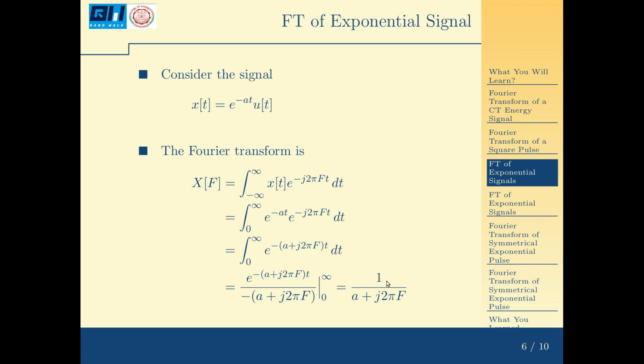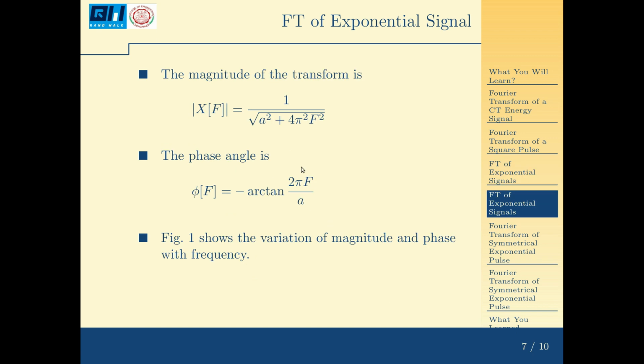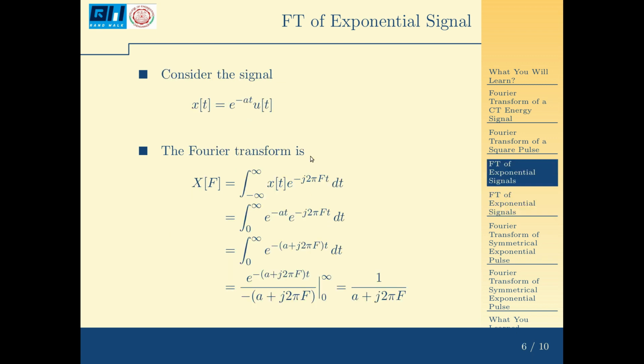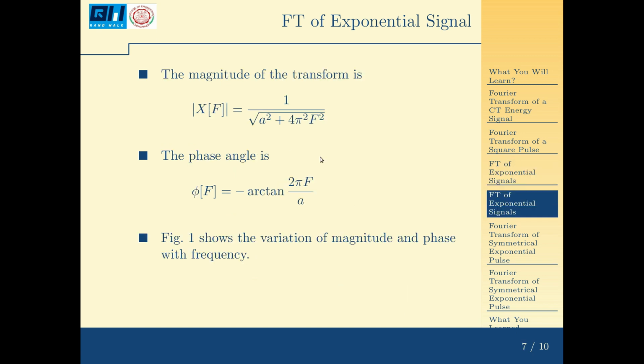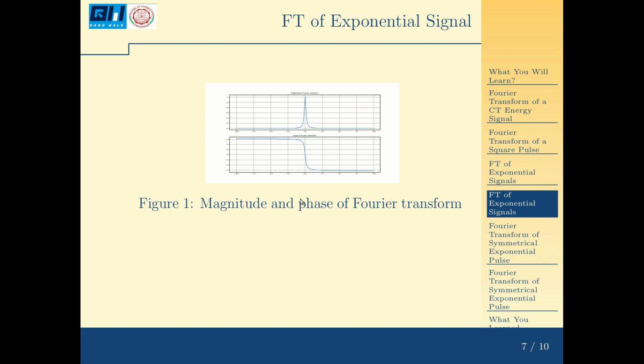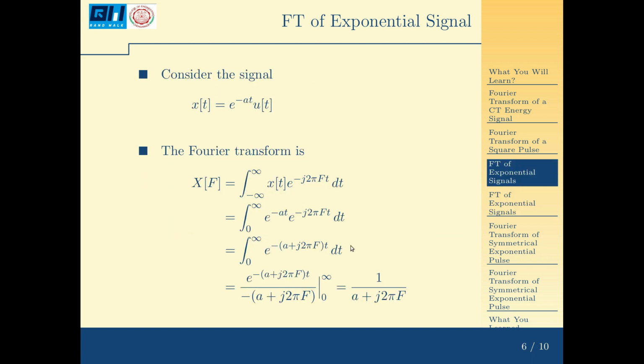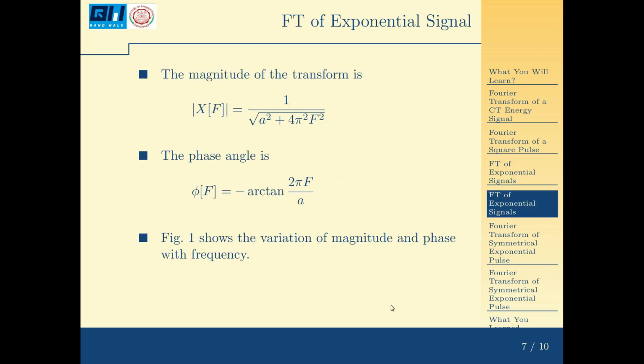If I multiply and divide by the conjugate, it becomes (a minus j 2 pi f) by (a square plus 4 pi square f square). The magnitude of the spectrum will be 1 by root of (a square plus 4 pi square f square), and the phase angle is minus tan inverse of 2 pi f by a, or minus arc tan 2 pi f by a.